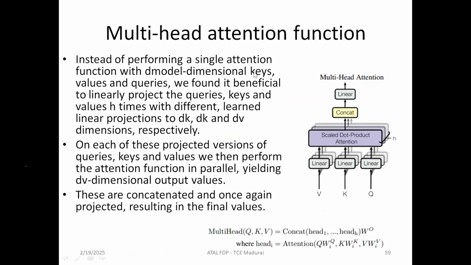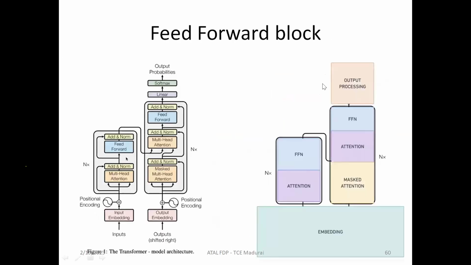Instead of performing a single attention function, we can make use of multi-head, where you get the scaled dot product of all these three values together, and finally you concatenate the result and get your final values. So whatever input you feed to the transformer, you will get more accurate results in the outcome. You are not only getting one single response, you will be getting the output probabilities.